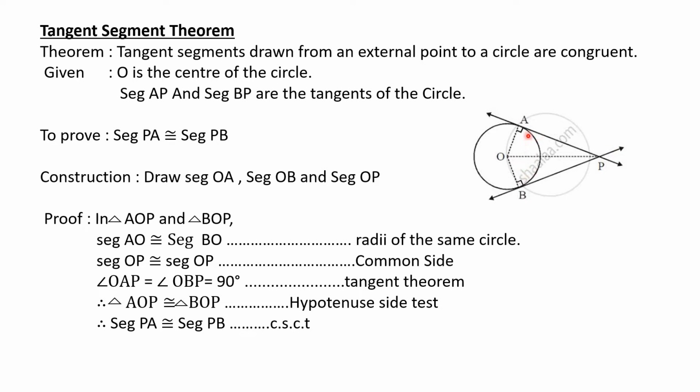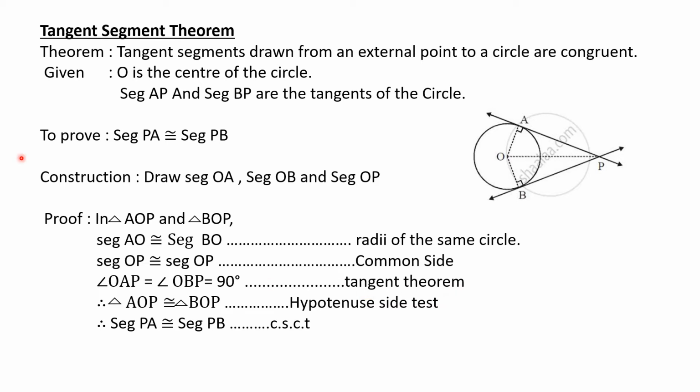In these two triangles, seg OA congruent seg OB, both segments are radii of the same circle. Then seg OP is common in both the triangles, so seg OP congruent seg OP, and angle OAP and angle OBP are 90 degrees because of the tangent theorem.